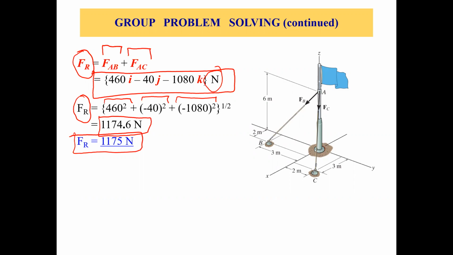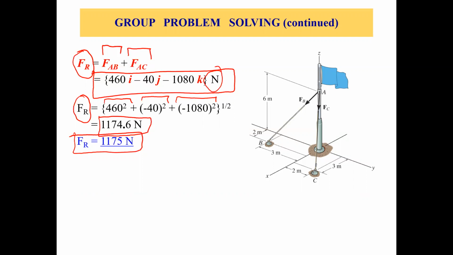So first we need to analyze with Fb, then we need to analyze with Fc, and even then we are nowhere, right? We don't know what is the total force, right? So that's why we want to find out the resultant force, and then we'll do just one analysis, and we'll do the analysis with this Fr of 1175 newtons, and we'll find out whether this flagpole is safe or not.